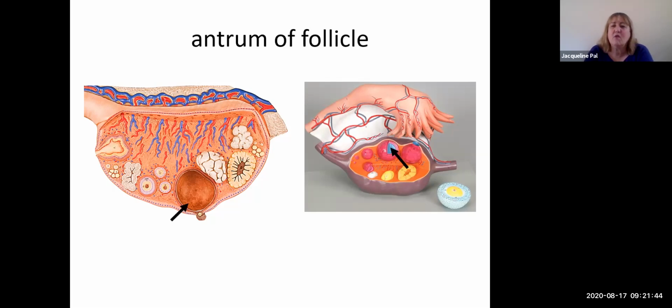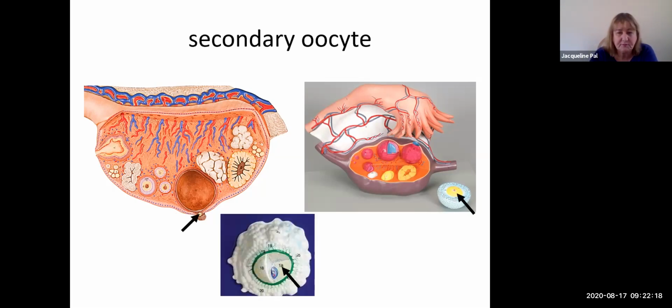First off, the area where the fluid collects within the follicle. This starts developing in the secondary follicle, and in the tertiary follicle it is quite large. This is known as the antrum of the follicle. What it's doing is separating the layers of the cell wall of the follicle, so that part of the cells will exit with the oocyte and part of them will stay behind to form the corpus luteum and produce those hormones.